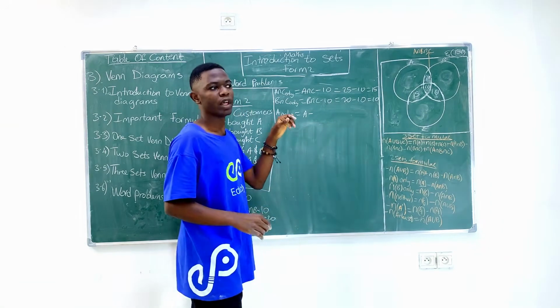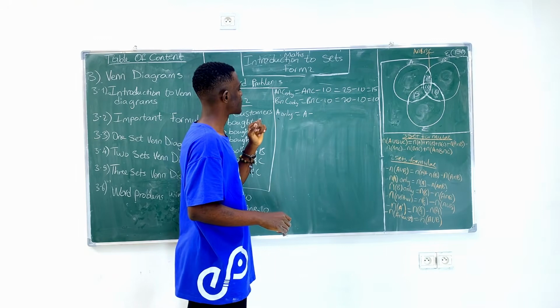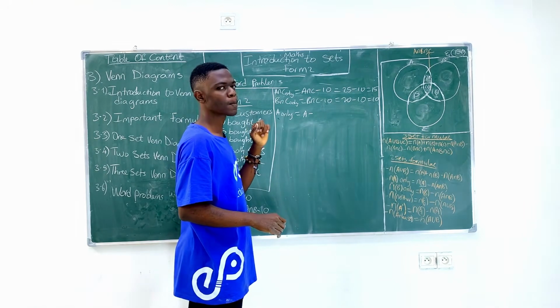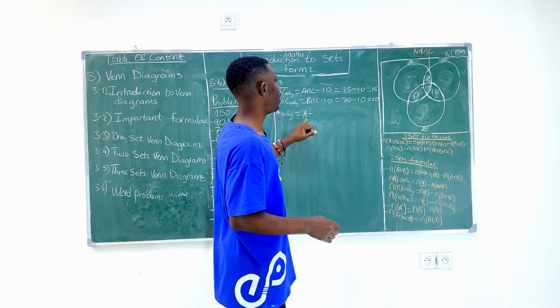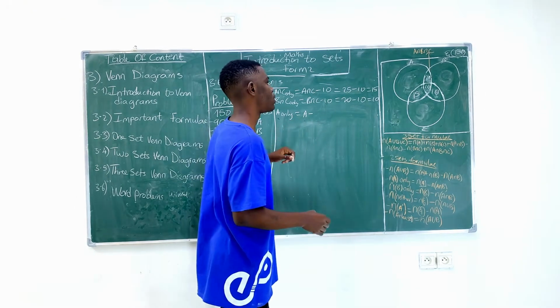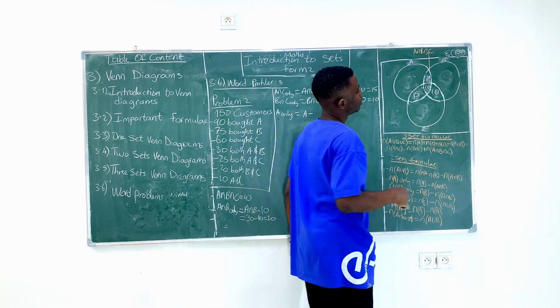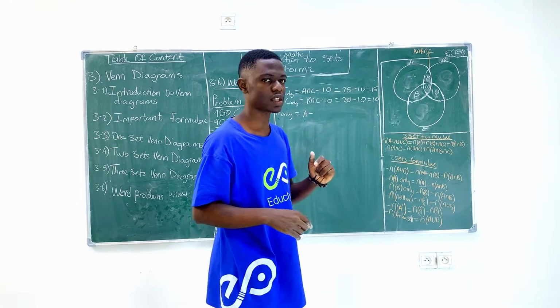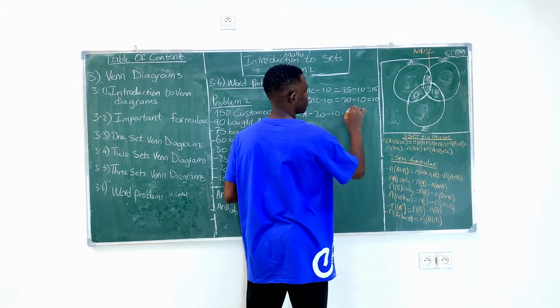So we're now looking for A only. What is A only? A only is A minus all of the intersections. So you have A minus 20 minus 10 minus 15.